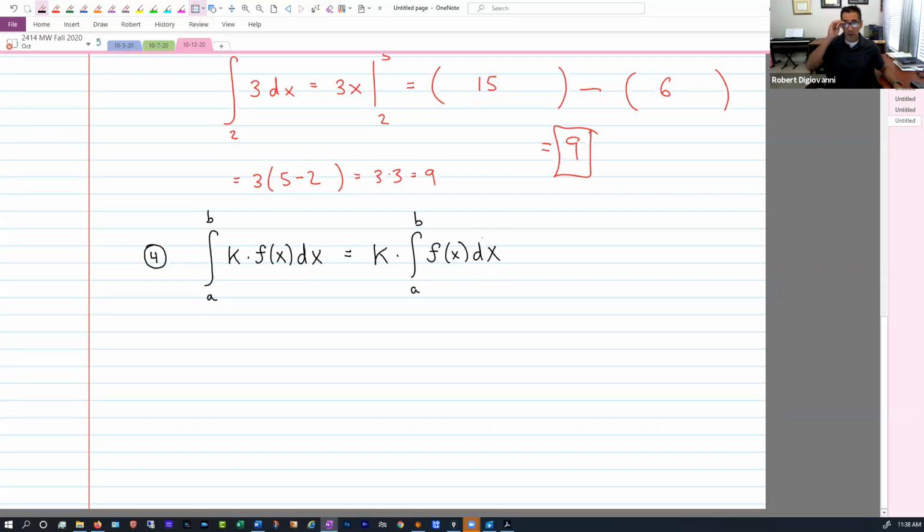Just like we had with indefinite integrals, we always said constants could come out, right? That's exactly what this fourth property says. If you have a constant in front of a function, then you can bring the constant out, find the area of the function without the constant, and then just scale it by whatever the constant was.